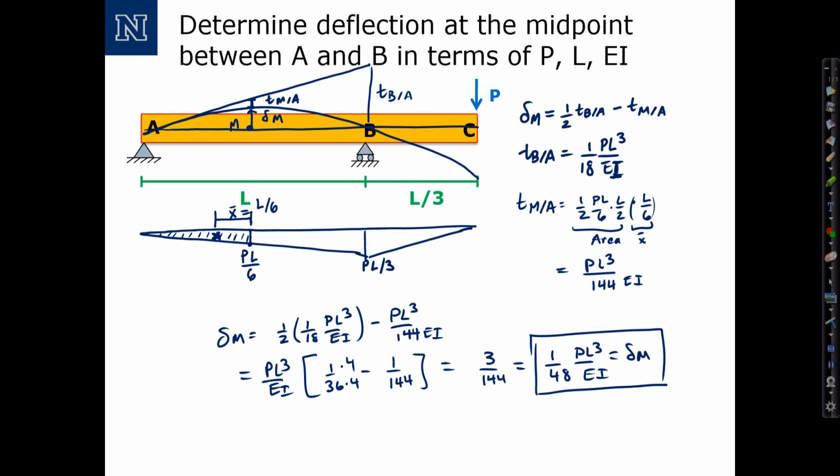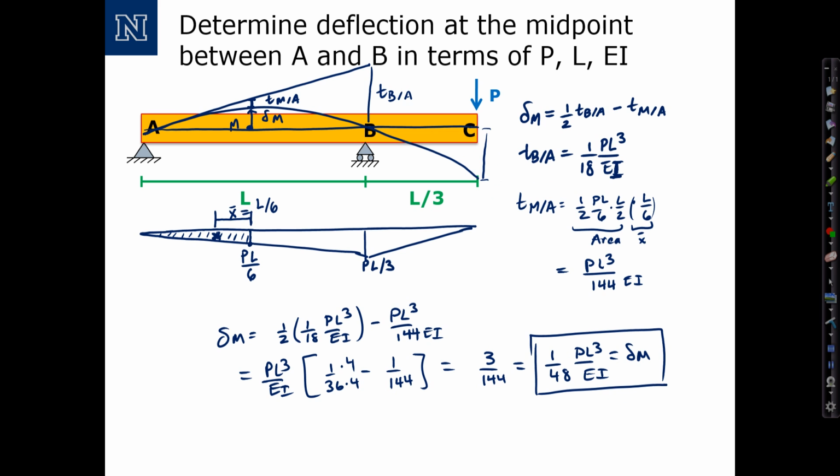Okay, if you recall from the previous example, the deflection at the overhang was equal to 4 over 81 PL cubed over EI. That's a little bit larger than this value right here. So deflection, according to our calculations, at the end is larger than the deflection midway between the two supports.